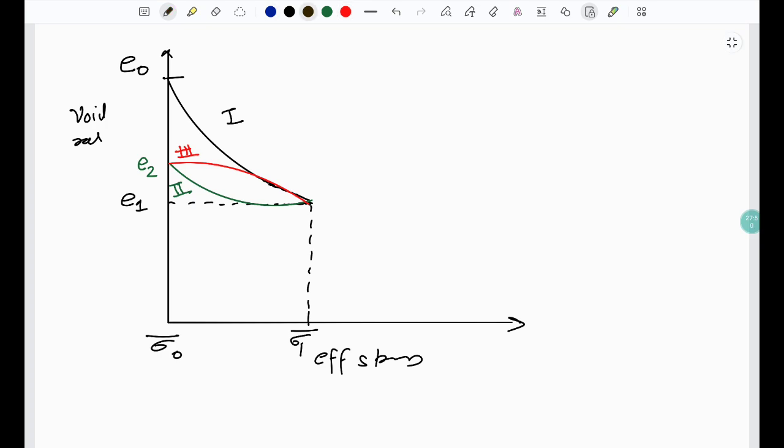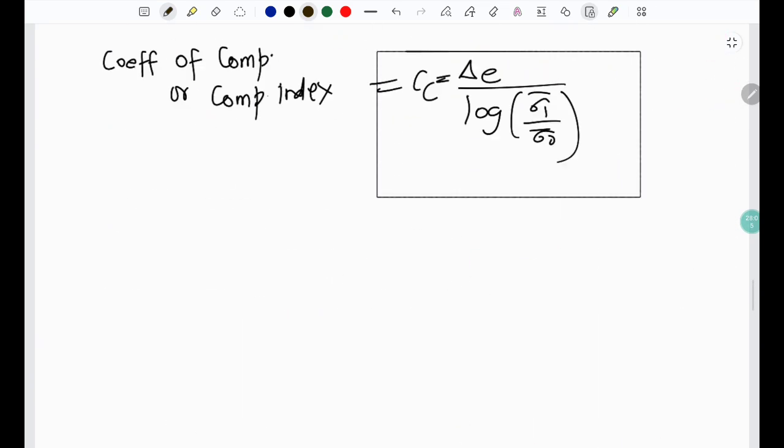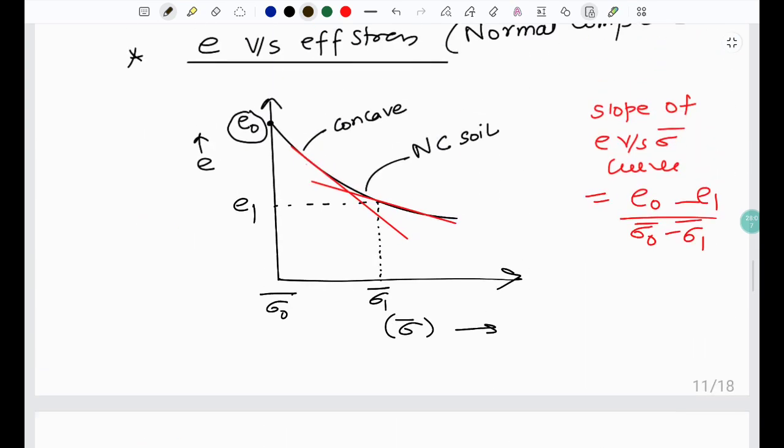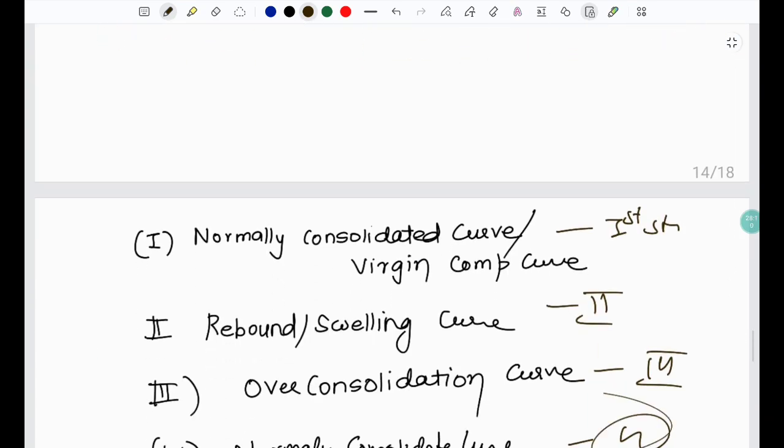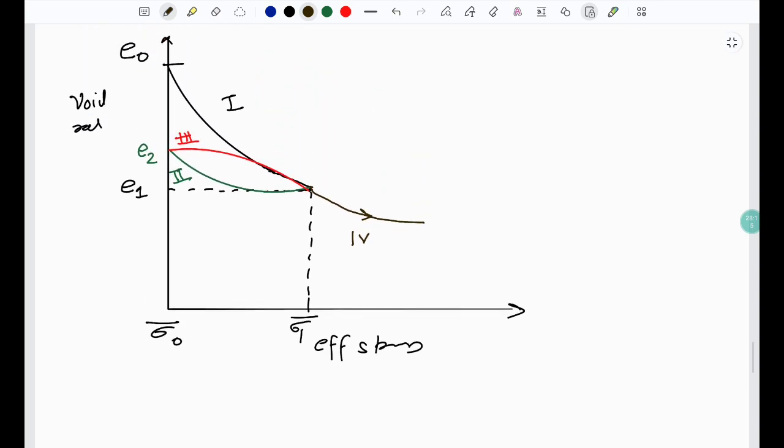Now when you try to again load the soil beyond sigma 1 bar, the soil will again show the nature of curve similar to how it performs in a normally consolidated soil, which I had just shown before, which is a normal thing in NC soil. So here we get the NC curve again after sigma 1 bar, because now the soil is getting loaded with a stress which it was never loaded with before in its stress history.